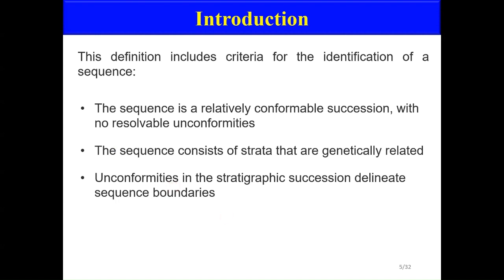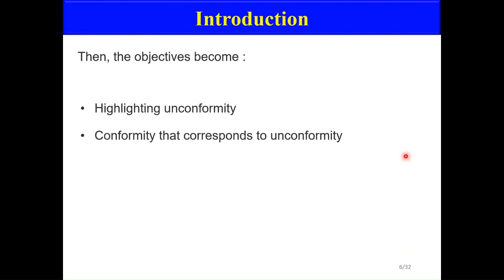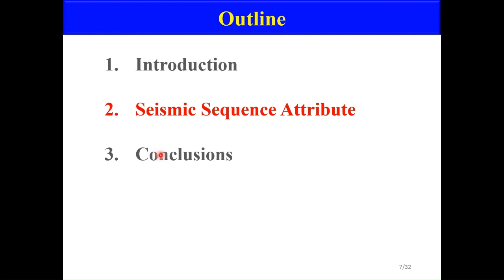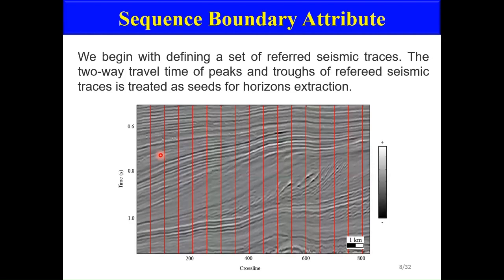So then the objective becomes very clear to me. We need to highlight the unconformities in our seismic data. At the same time, if we can find the corresponding conformities, it will help us expedite the process of seismic sequence analysis. So my proposed idea is very simple.